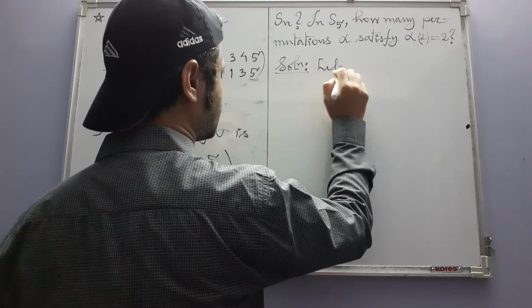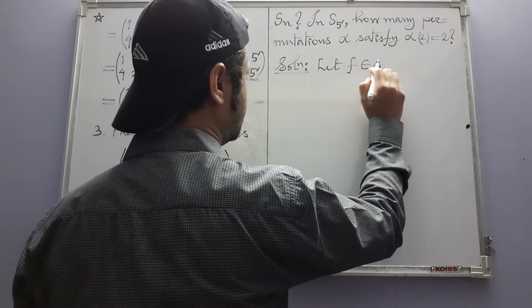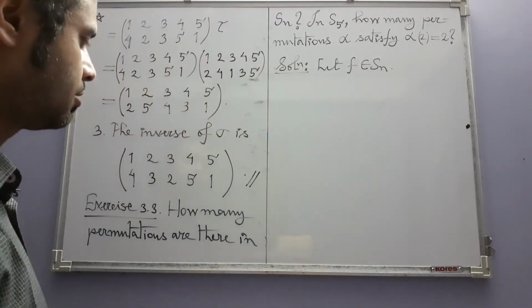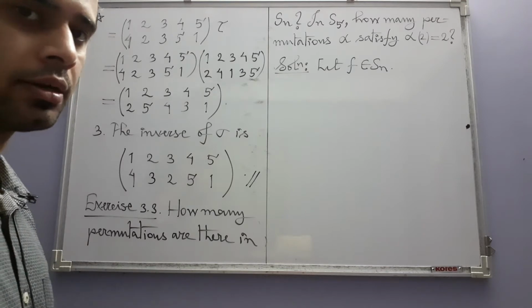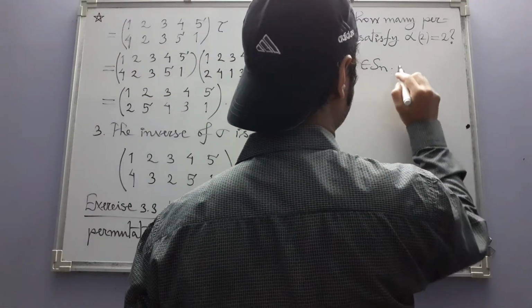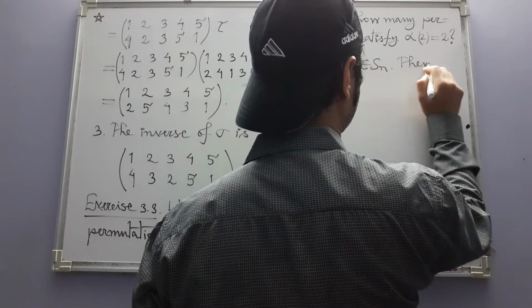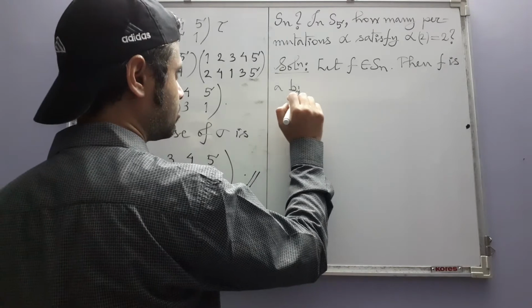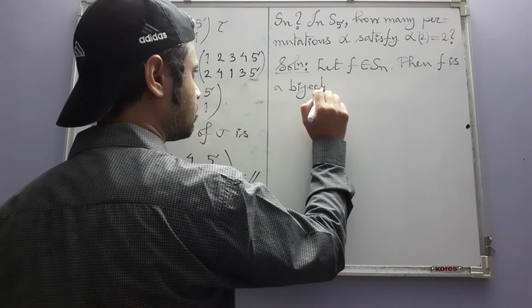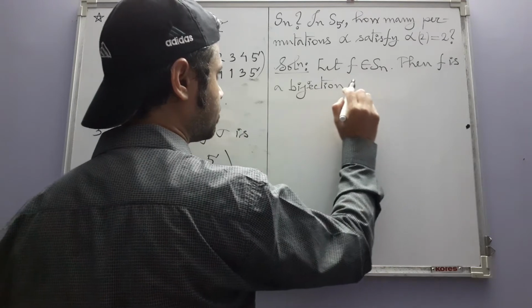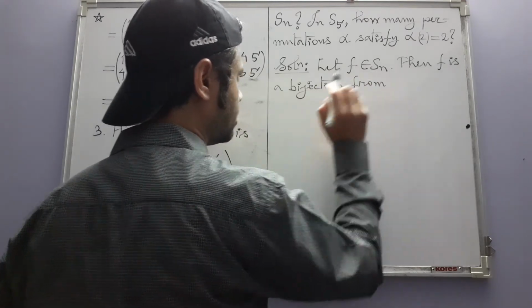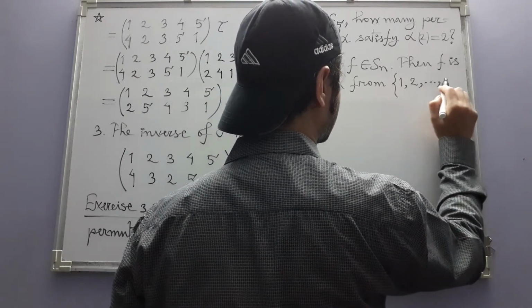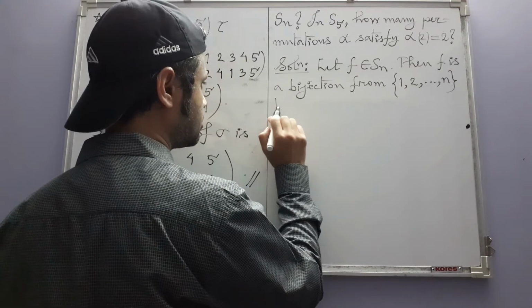Let f be any element in Sn. That means f is a permutation on the set of the first n natural numbers. Then f is a bijection from this set to itself.